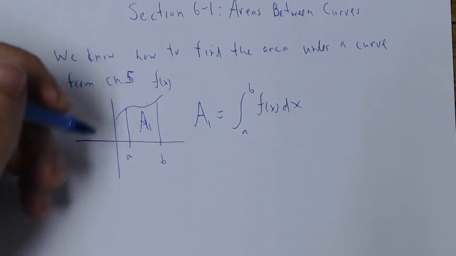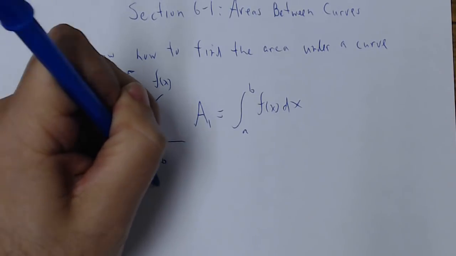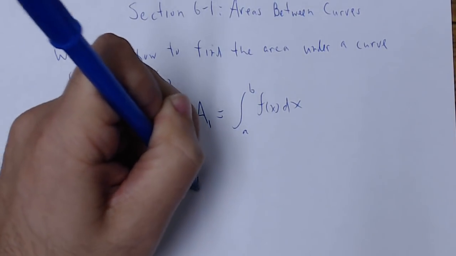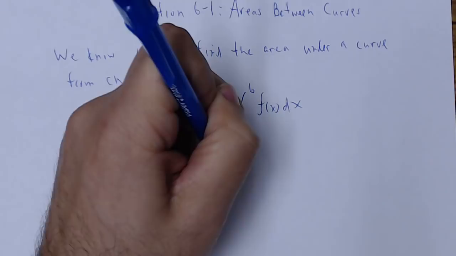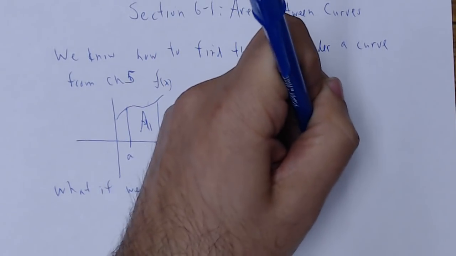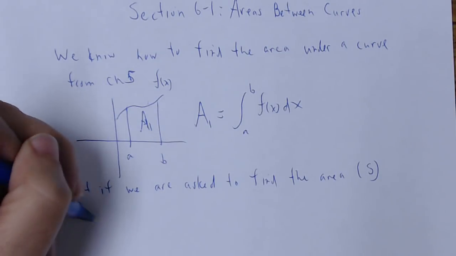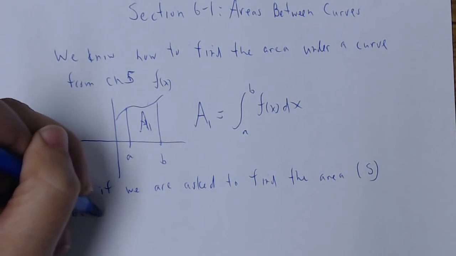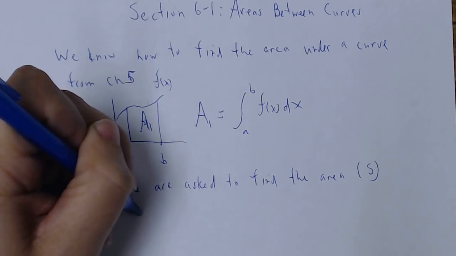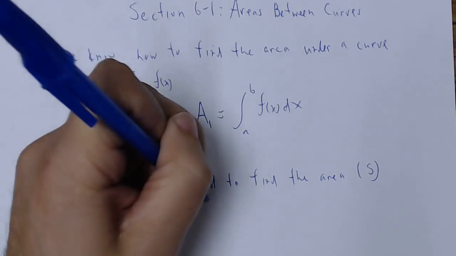So now the next question is, what if we are asked to find the area, and let's call that area S for now, between two curves? Here's what we're saying.